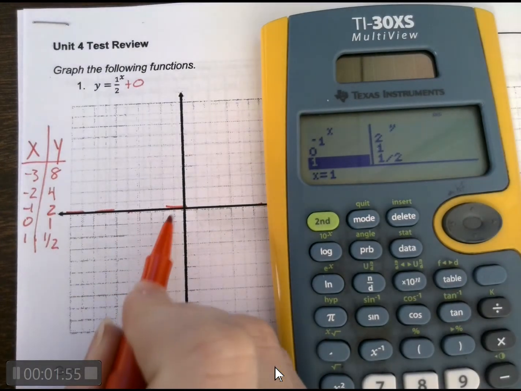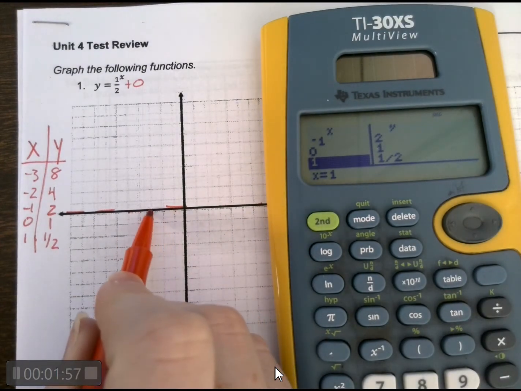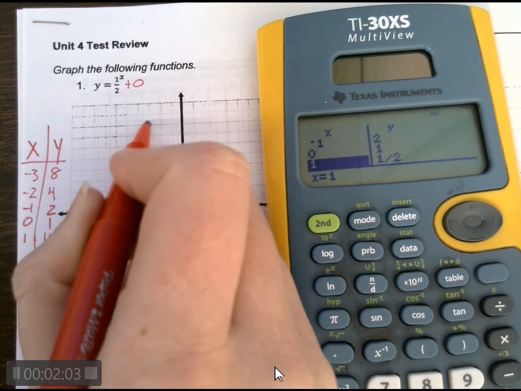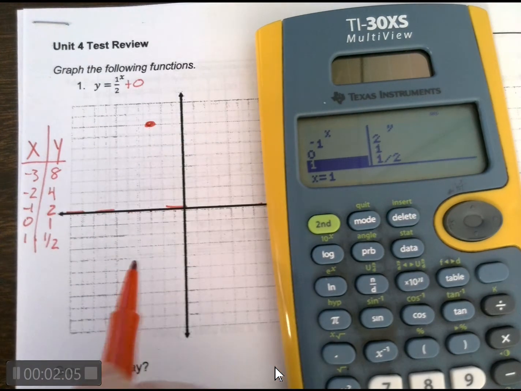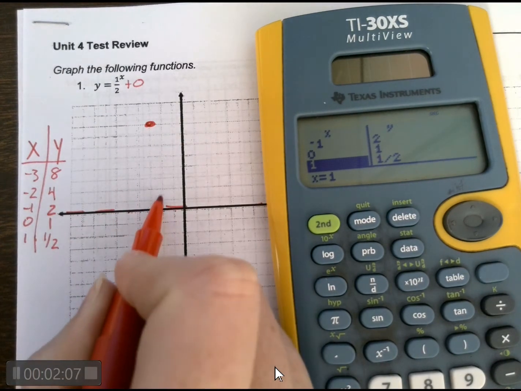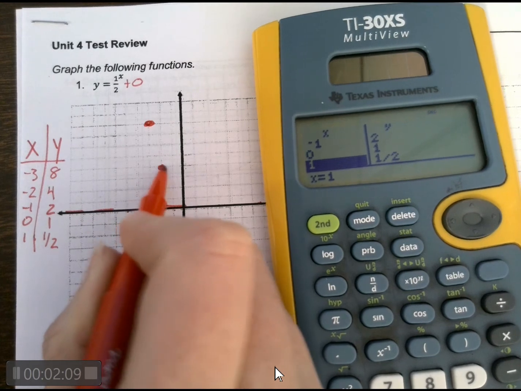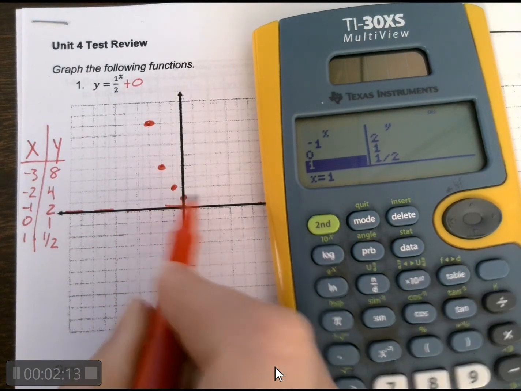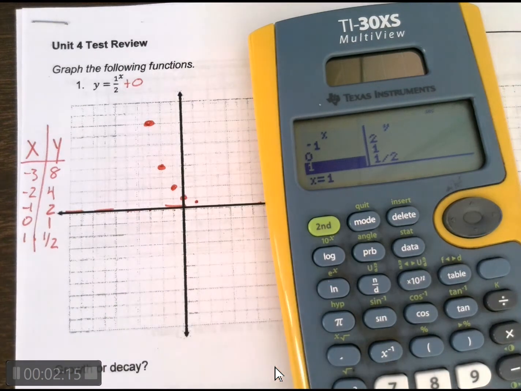So we have -3, so -1, -2, -3, and then 8, so we're going to go up 8, which is going to be right here, and then -2, 4, -1, 2, 0, 1, and then 1, 1/2.